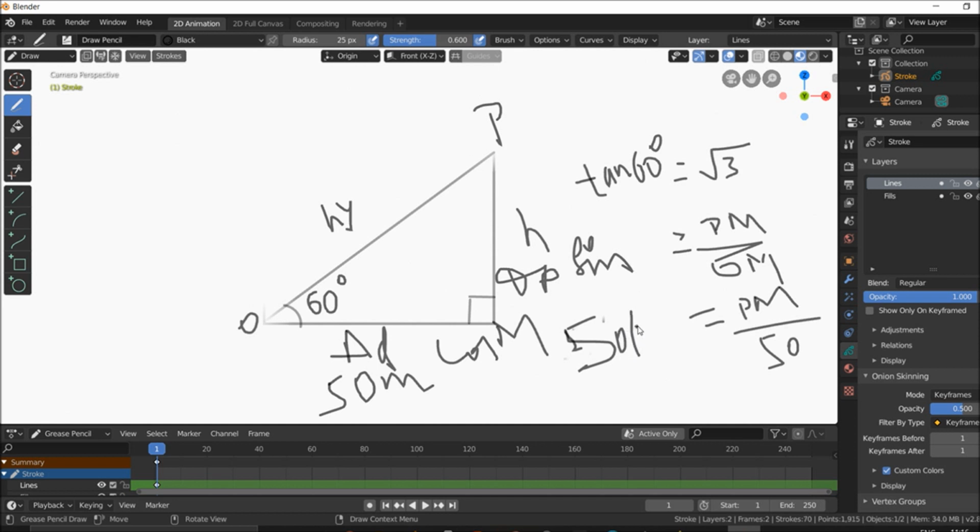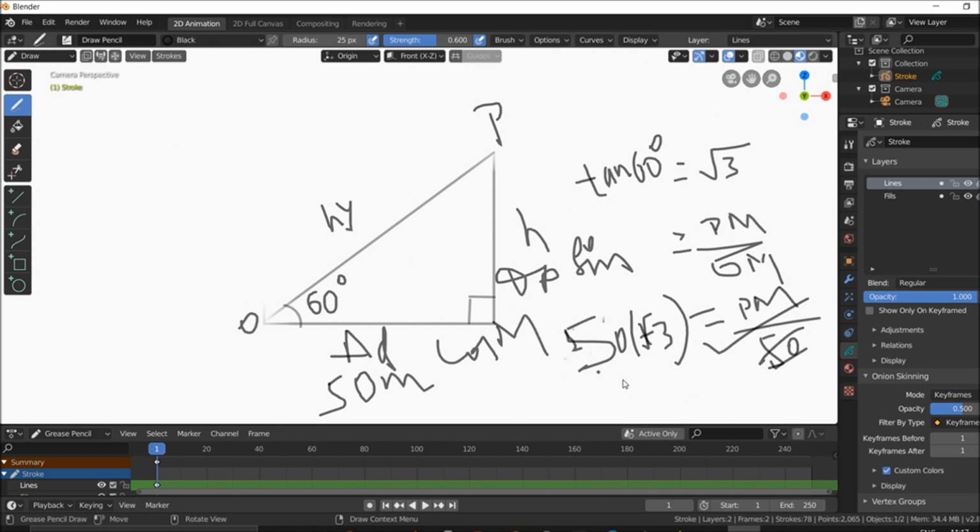Suppose tan 60, you can say tan 60 itself, but we already got the value, so we will say 50 times √3. This will be our value of PM. So this is our height, 50√3. This is how we get the value.